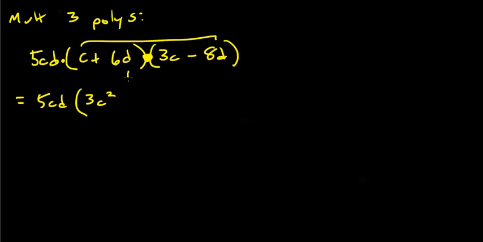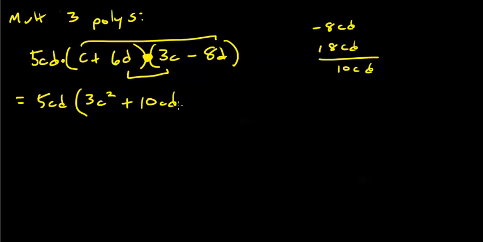The inner product is going to be 18cd. So notice the outer and inner products add up to positive 10cd. So I'll put that there. And then my last product is going to be a minus 48d squared.